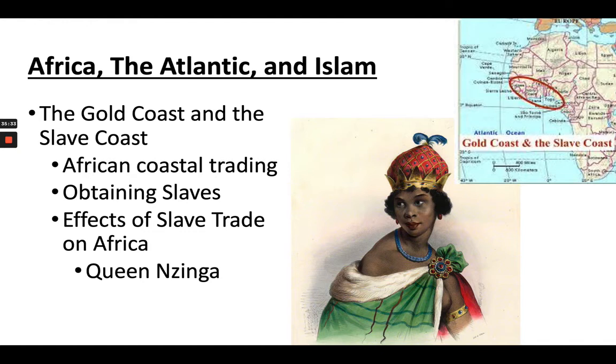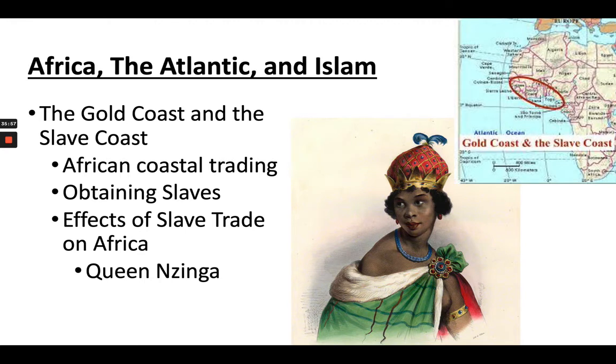So Africa is going to participate in the slave trade, right? It's not just that Europeans show up and start snatching people off of the coastline. We see that the Europeans have set up small ports along the African coast and sell Asian and European goods for slaves. They negotiate with West African kings and merchants.